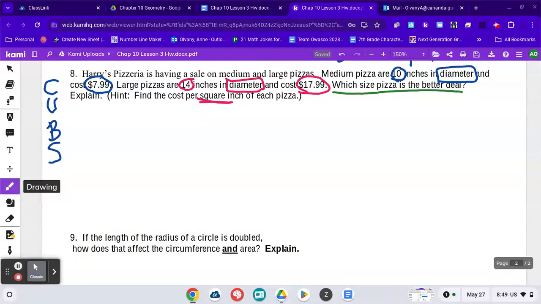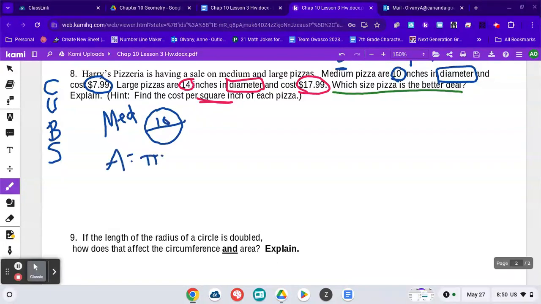So I'm going to start with the medium pizza right here. I'm going to write medium. And the medium pizza has a 10-inch diameter, right? Area equals pi r squared. If my diameter's 10, my radius is 5. This is going to be 25 pi.